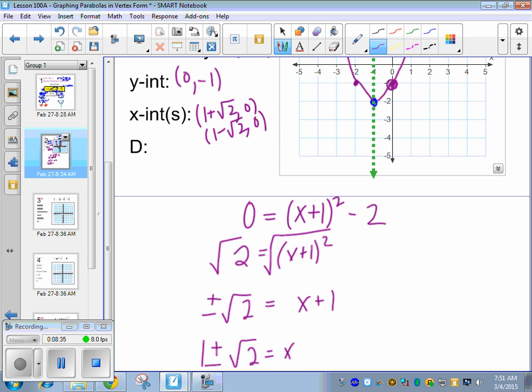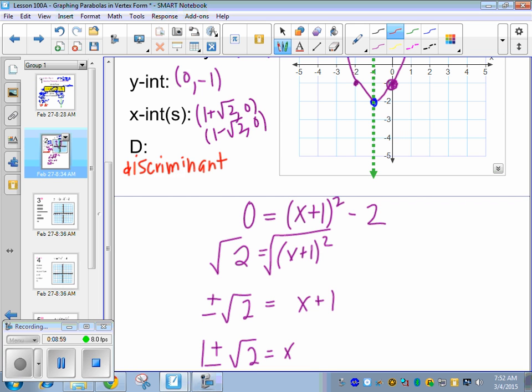Okay, and then we have the D. The D stands for discriminant. You might want to write that in your notes, like what the D means. I'm just putting D, but it is the discriminant. So remember we learned if the discriminant is positive, then it has 2 x-intercepts. If the discriminant is negative, it has no x-intercepts. And if the discriminant is 0, it has 1 x-intercept, right?